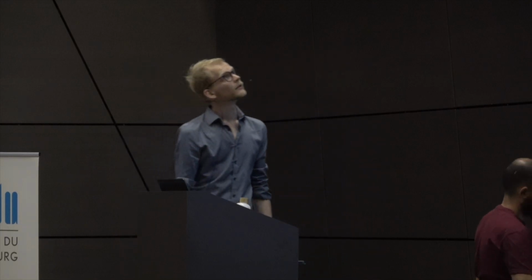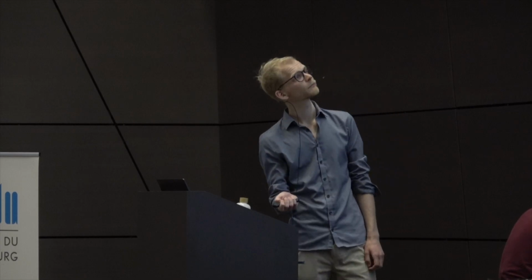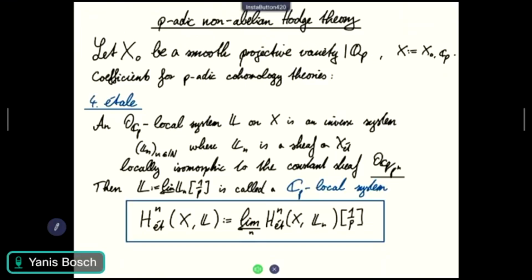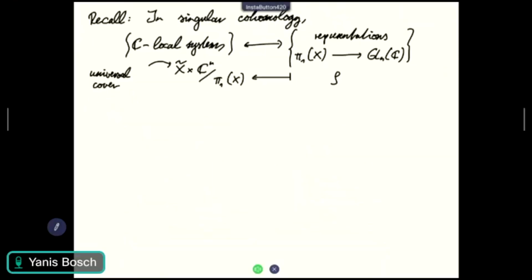That's the definition of étale cohomology with values in a local system, as it might appear, for example, in the Eichler-Shimura comparison. And of course, if you take the constant local system, then this would recover étale cohomology as we had it before.